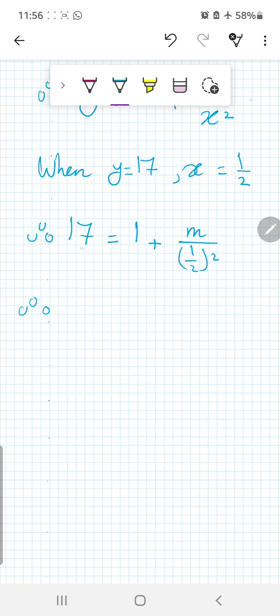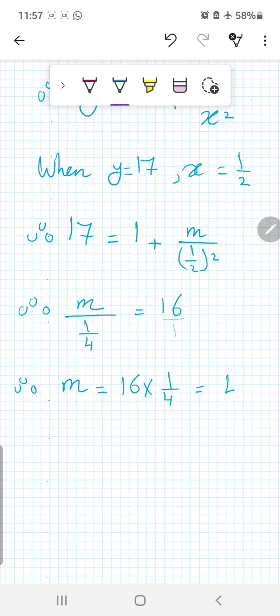We get 17 minus 1, which is 16. So m over quarter equals 17 minus 1, 16. Here 16 over 1, make cross multiplication. We get m equals 16 times 1 over 4, which is 4. So the value of m equals 4.